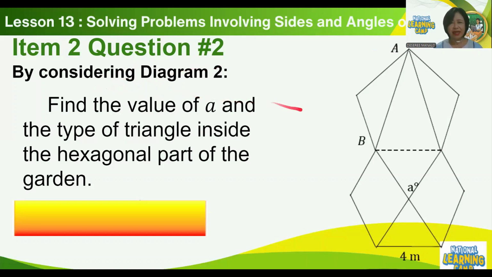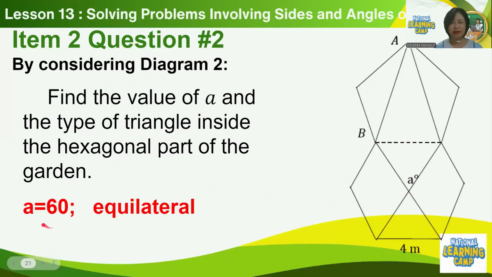By considering diagram 2 at the right side, find the value of A and the type of triangle inside the hexagonal part of the garden. Look at the hexagonal part of this garden. A is equal to 60, since, as you can see, they are equilateral triangles, meaning all sides are congruent.